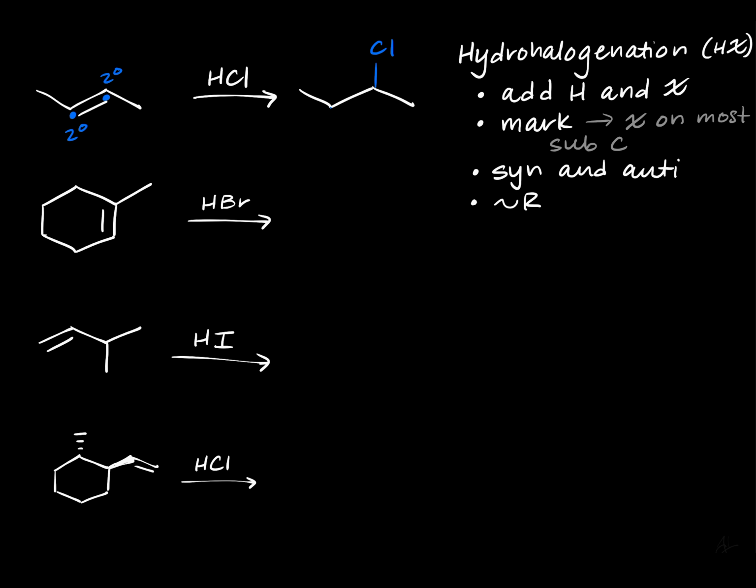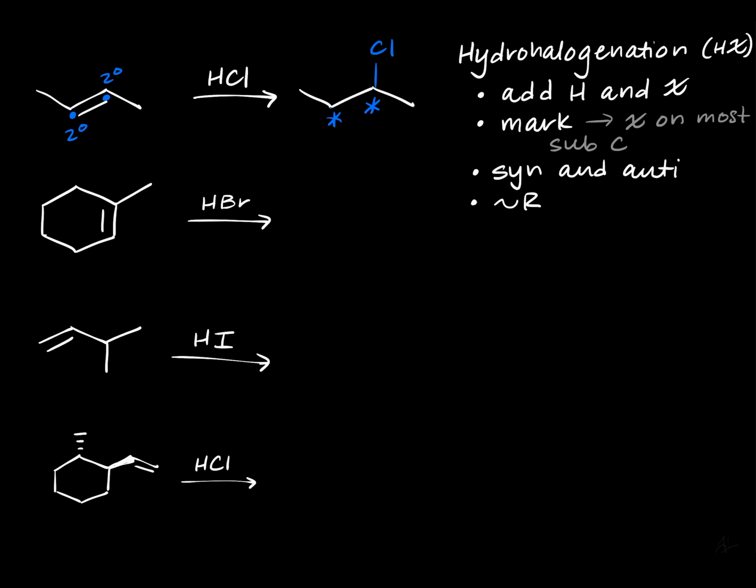And voila, I've added hydrogen and I've added chlorine. The chlorine on the most substituted side, but again, there's no most substituted side. The last thing I need to check for is, do I have a chiral center that I formed? These are the 2 carbons in which I added a new group.